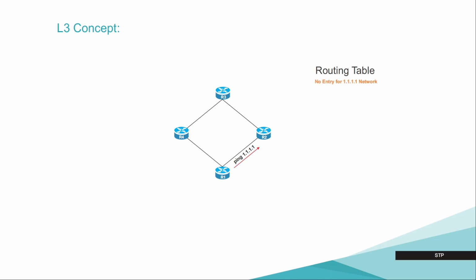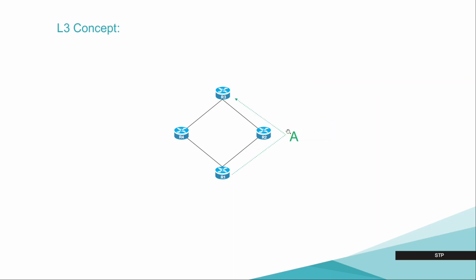What will happen is that R2 routing table doesn't have an entry for network 1.1.1.1. R2 will discard this message, so no broadcast will happen here. So we will not have the same scenario that we have with layer 2.